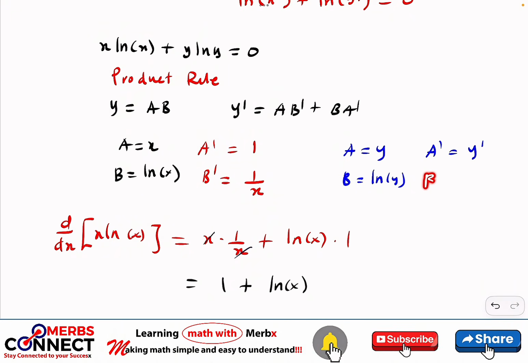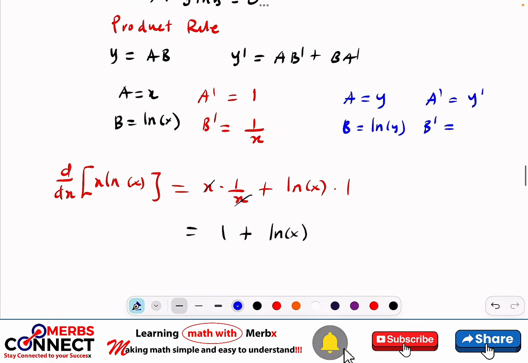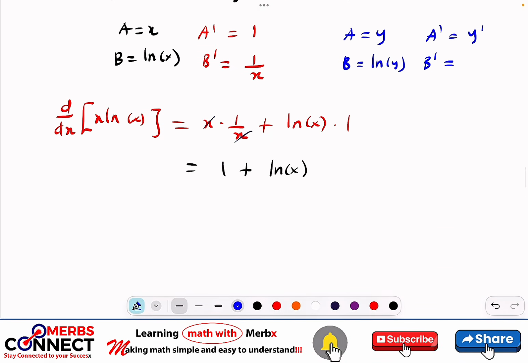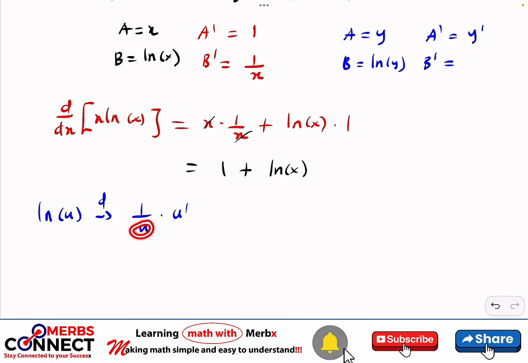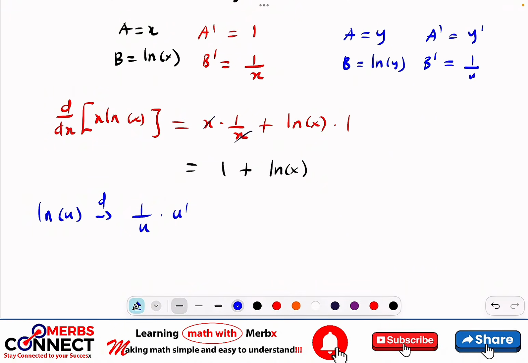Then let's look at B prime. Okay, B prime is going to be, so natural log, we know that if I want to differentiate natural log of u, this is going to be 1 divided by u times u prime, right? So here our u is y, so this is going to be 1 divided by y times u prime, which is still y prime. So this is what we're going to get.